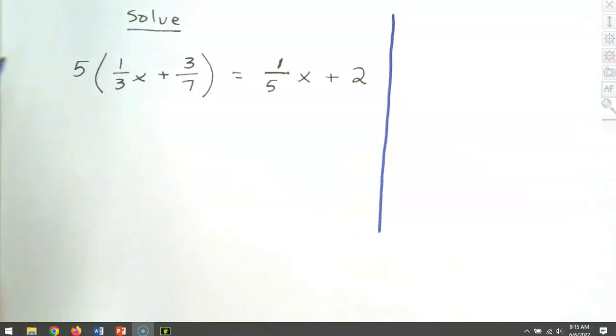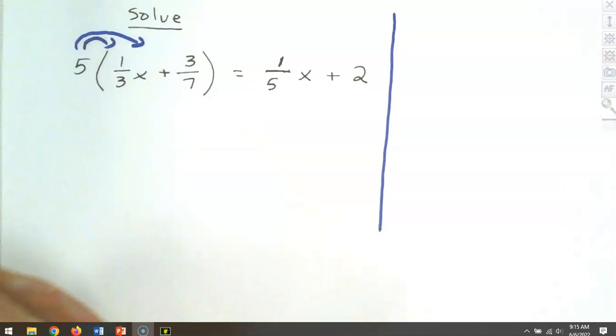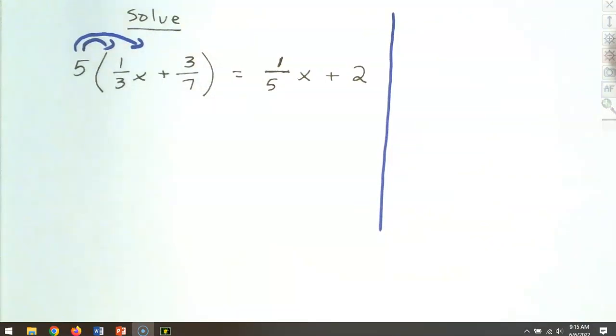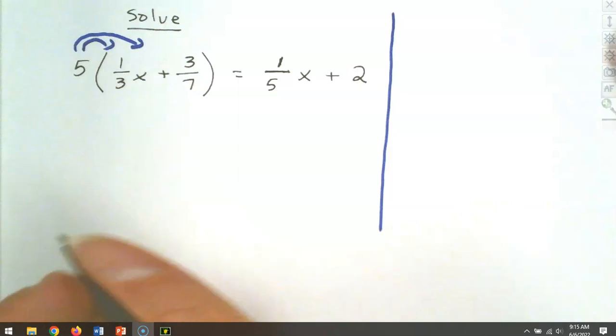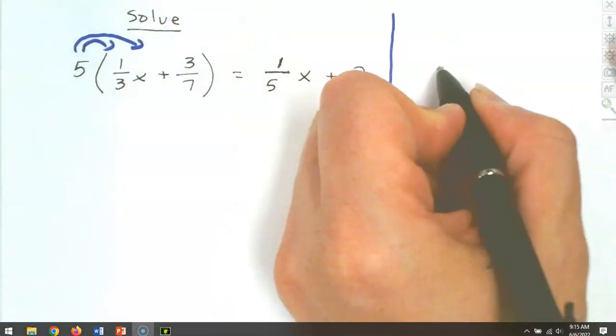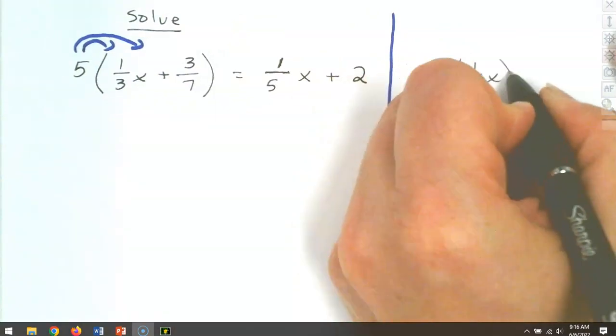So what we do is we need to go ahead and distribute through that 5 first. And if we forgot how to do that, well, we can do it over on the right-hand side. So when we distribute through, we're just going to be writing it out on the right-hand side. So let's work with our first one. The first part we got 5 times 1/3 x.